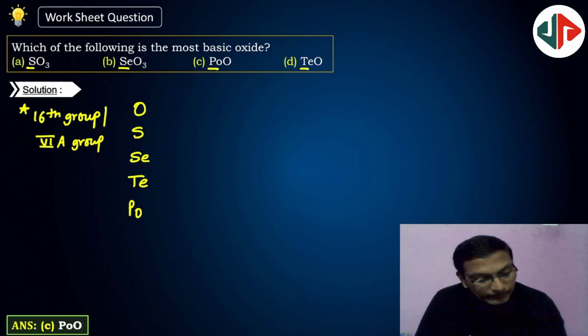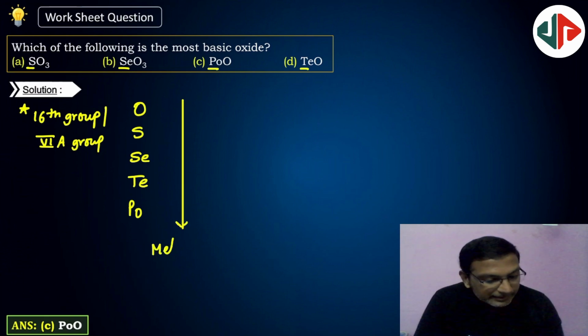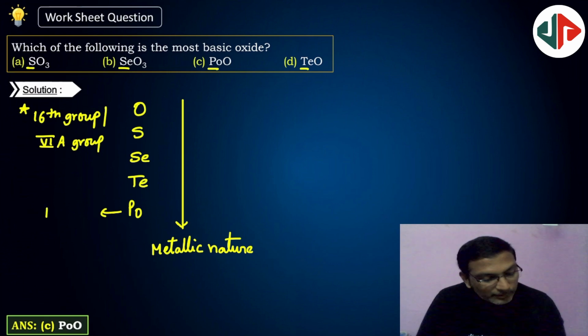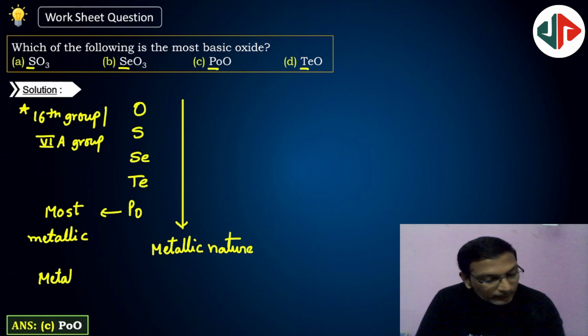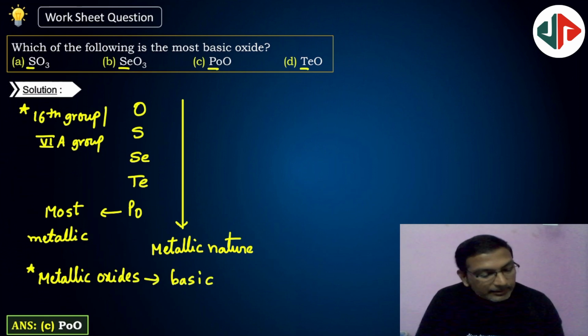Down the group, metallic nature increases. That means polonium is the most metallic. You know, metallic oxides are basic in nature. Therefore, PoO, polonium oxide, is the most basic. Option C.